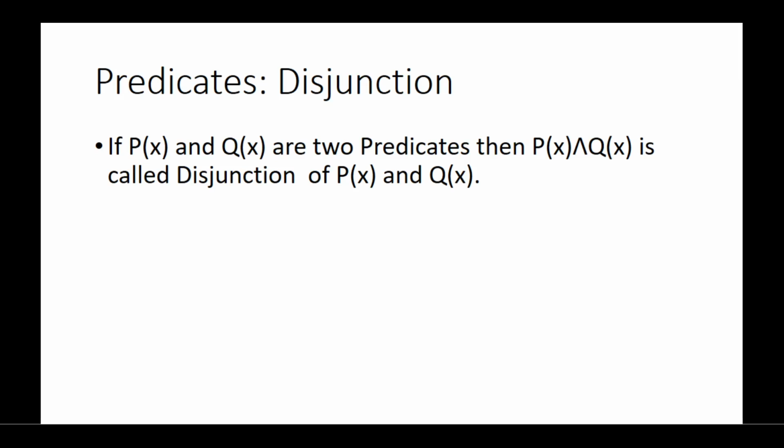That is, two predicates can be combined by using and, or, if then. When p of x and q of x are combined by using if then, it's called implication.